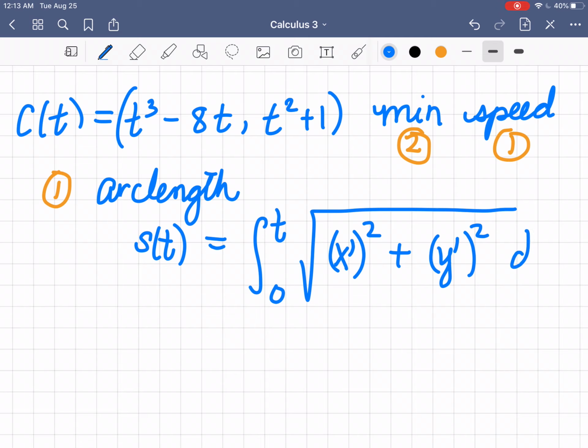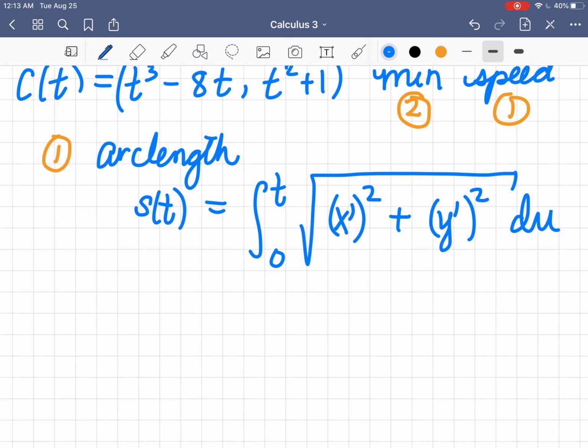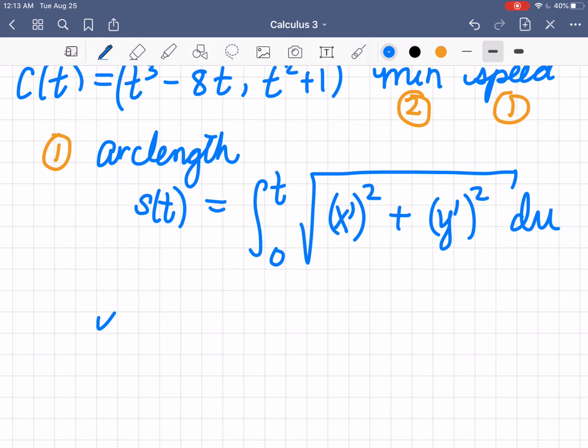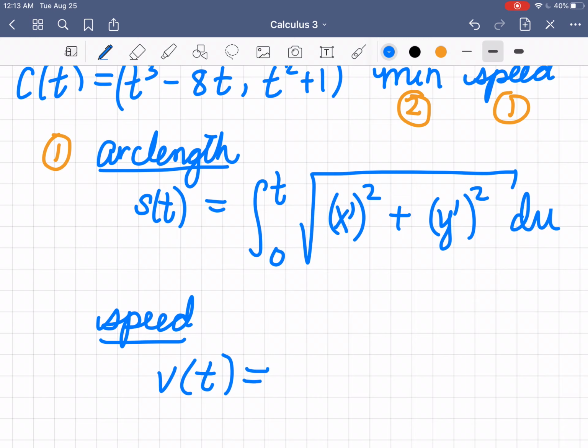That's what you would integrate to figure out the arc length. Well, to do the speed, and I'll call speed v of t, we would take the derivative of the arc length.